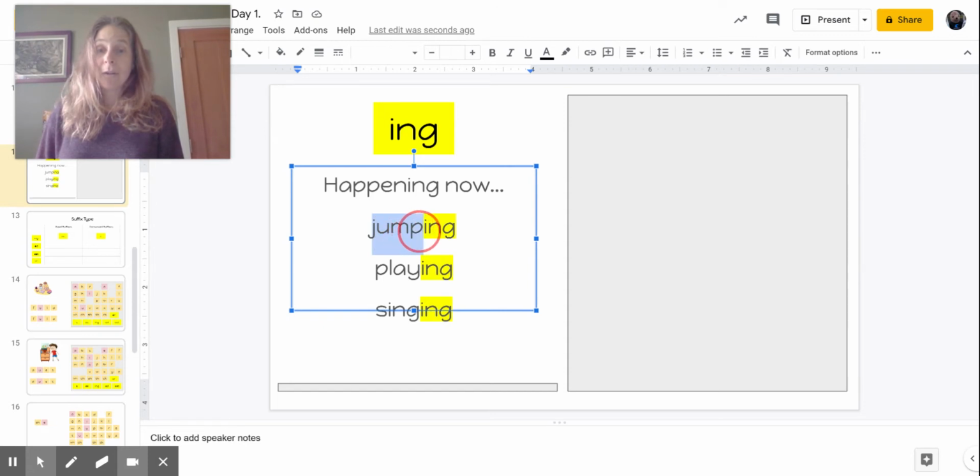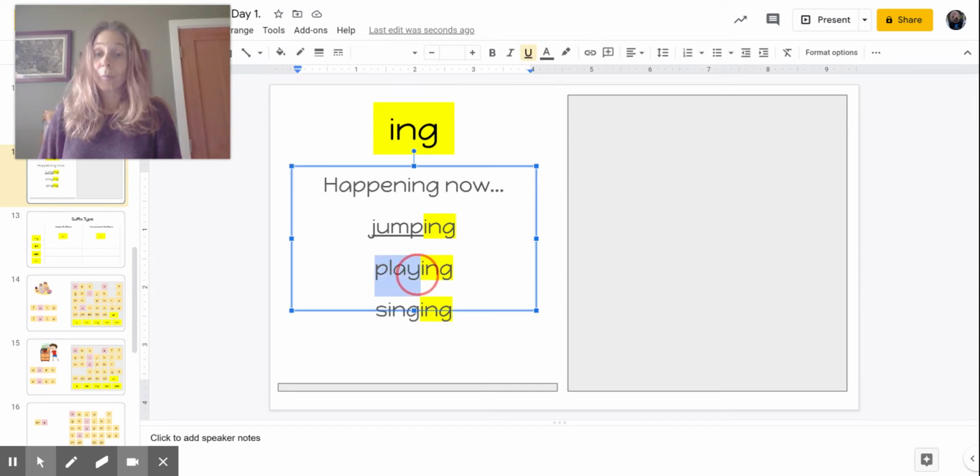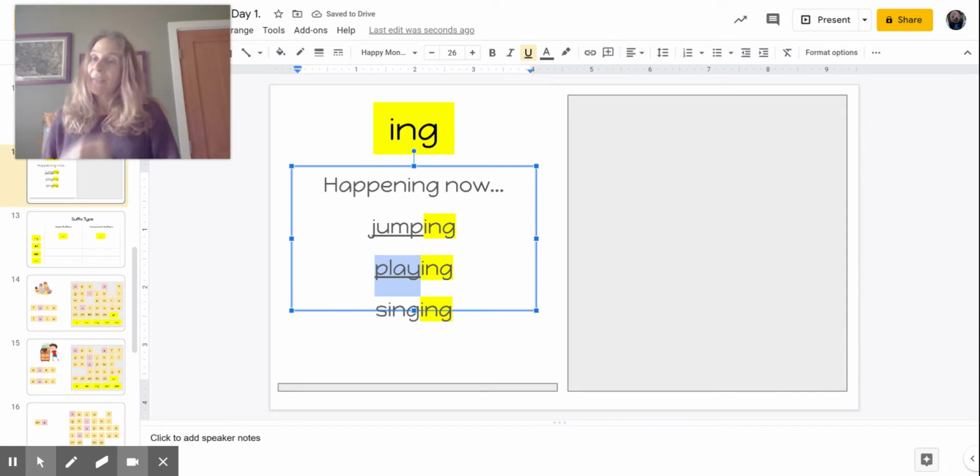My base word is jump, but now I'm doing it right now, so I need to add my ing suffix to say jumping. Same thing with playing. I spell out the whole word play, it's my base word, and then I add my ing suffix.